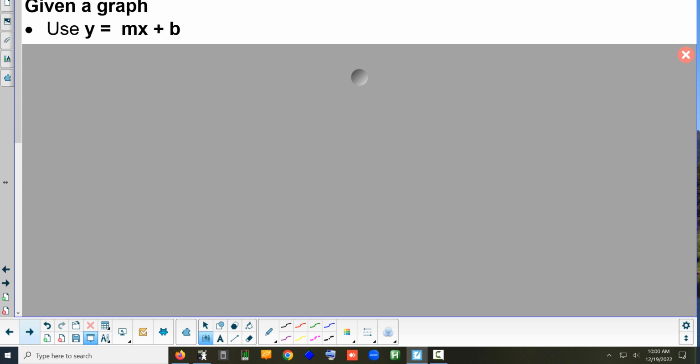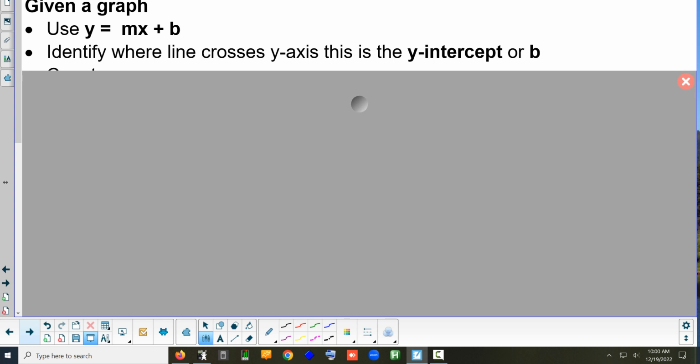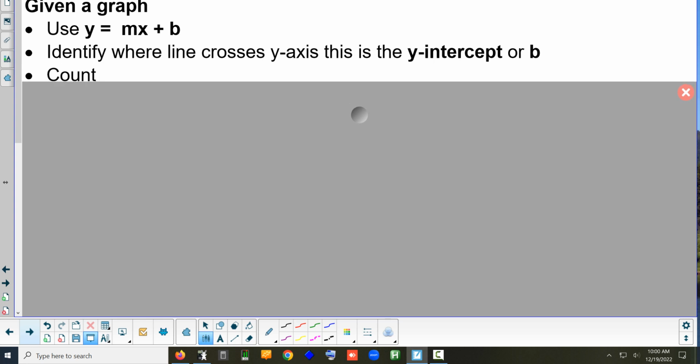What's the fancy word for where it crosses the y-axis? The y-intercept, yep. So on the second bullet, where it says identify where line crosses y-axis, this is the y-intercept. So you want to write what's in bold. Or we call that b.